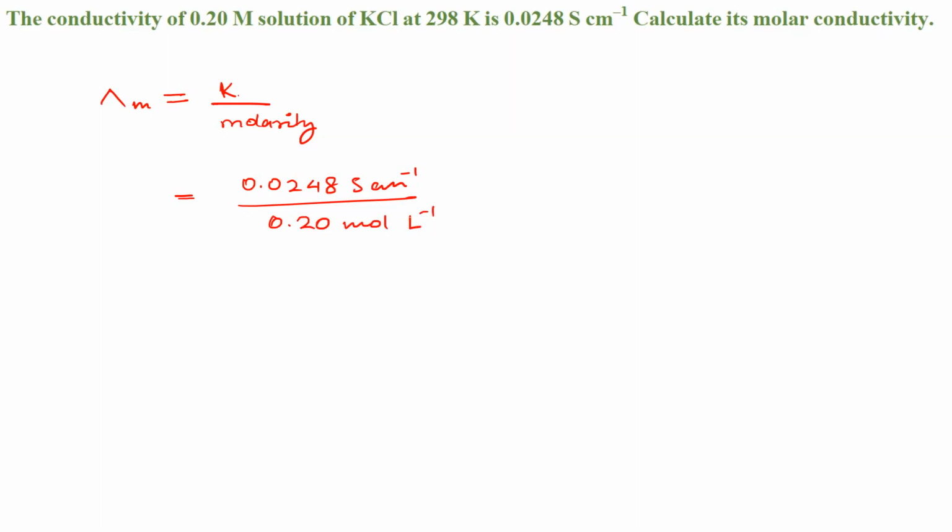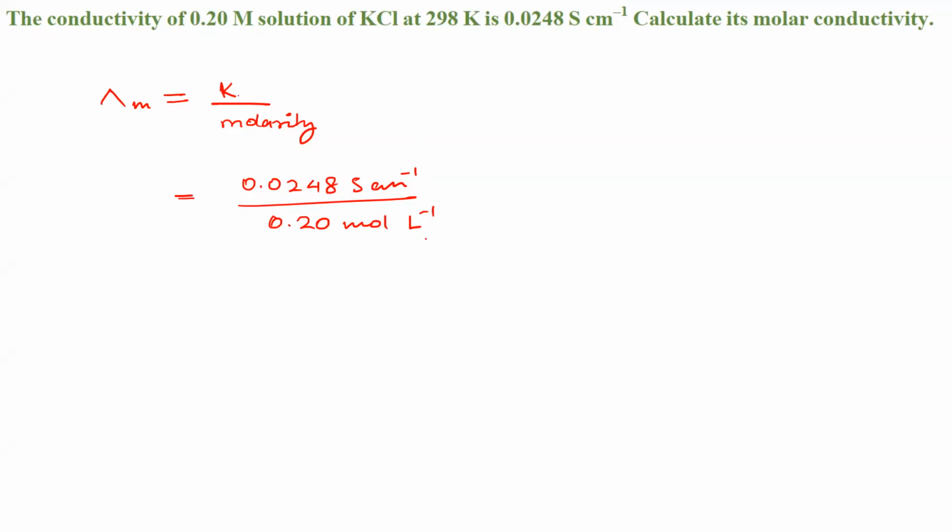Now you have to convert this liter into centimeters. You got it? Yes or no? This is liter inverse, right? So this will be converted into centimeter cube inverse. You have to get both in terms of centimeter and liters.